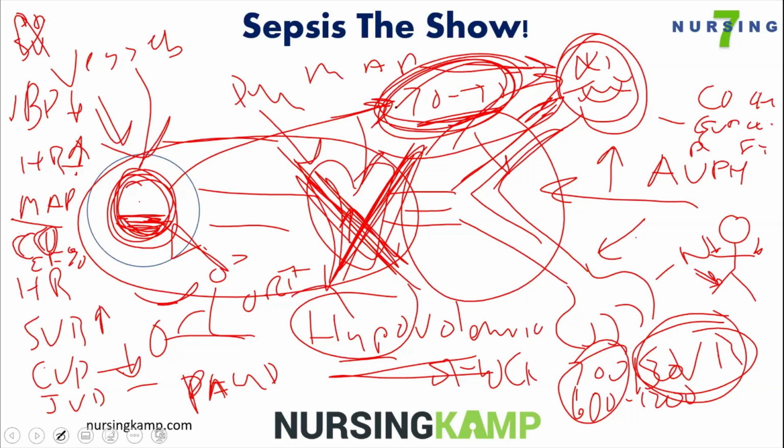Because the brain's not being perfused. So the heart rate is assessed from the SA node, right, which comes from the brain, and it's going to say pump, pump, pump, pump, pump. But the heart's broken. You're in cardiogenic shock. So it's going to keep on pumping, and that's just a mechanism of trying to treat it, but then it's going to cause further problems. So the patient's going to get ST depressions and ST elevations. And we talked about this in cardiac.